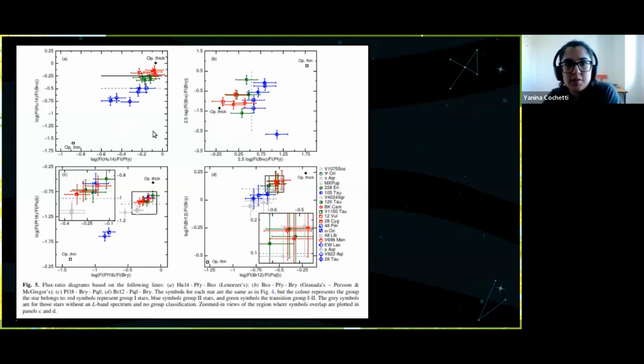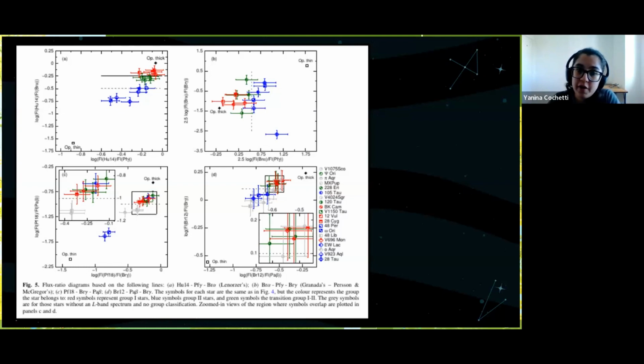But what was the problem? These two diagrams use lines that are observed in the L and K bands. For us, observing the L band was more complex, because we observe with Gemini in the cross-dispersion mode and obtain the J, H, and K bands together, and the L band in a different observation that took more time.